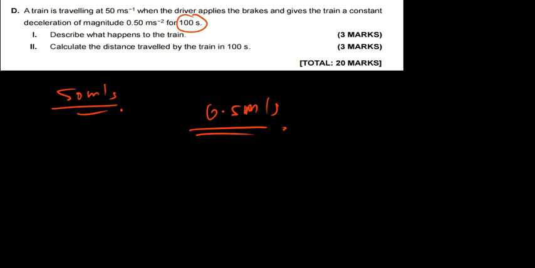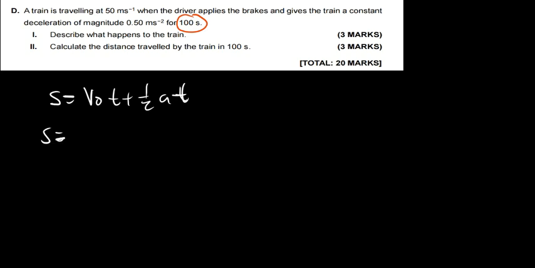Then part 2, they're saying calculate the distance traveled by the train in 100 seconds. So in 100 seconds, we have the time, the acceleration, and everything. So I think the best formula I can use is this one. In this case, I'm not going to use g because I'm using the linear acceleration.